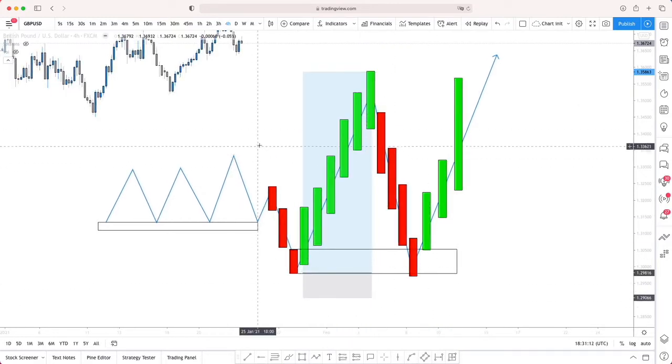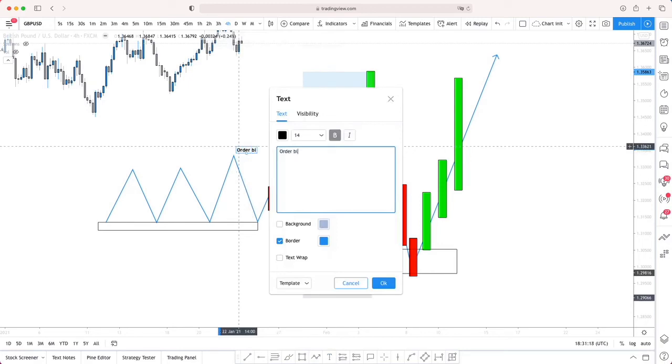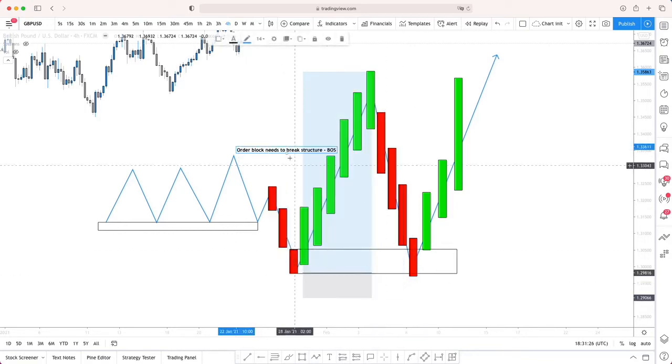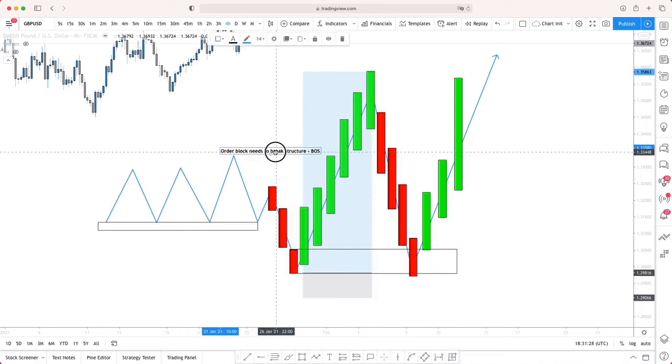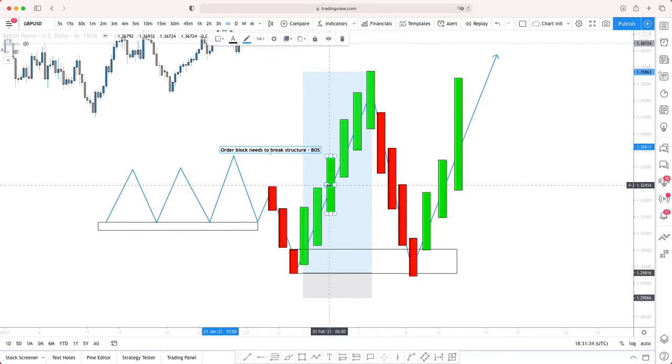So for an order block to be an order block, right? An order block needs to break structure. This is what we call a BOS. Okay, BOS is break of structure. So what you can see is the order block has broken this structure here. Okay, so we know that this is strong enough to do so.